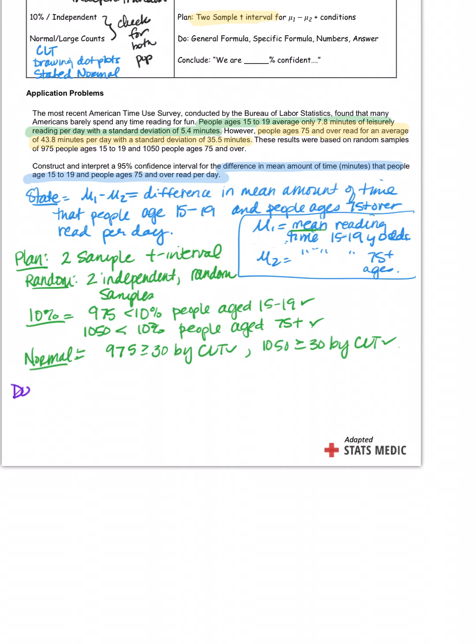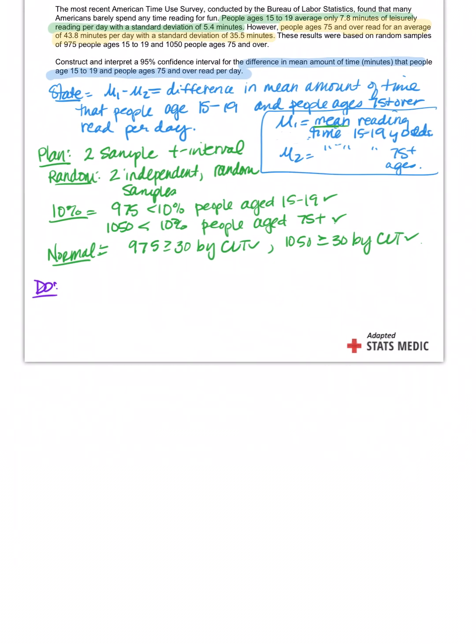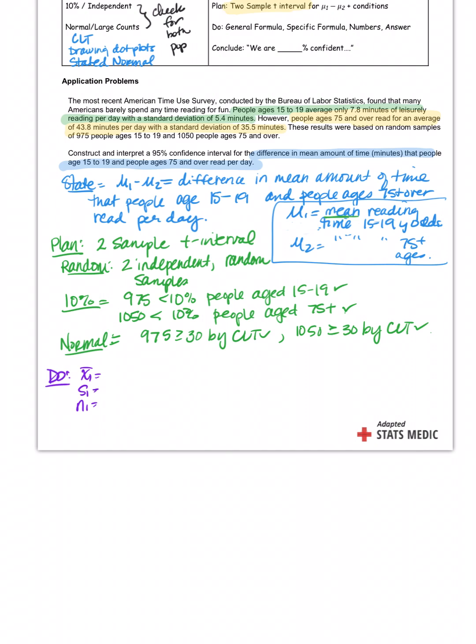The do step. All right, when you're doing the 2-sample business, you don't have to write the formula unless you just really feel compelled. So X bar 1, S1, N1, that was all given to me. The average was 7.8, standard deviation was 5.4, and there was 975 teens.